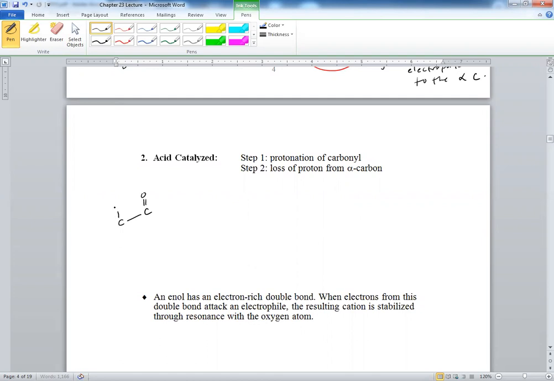So we need to draw out the H's. If we have an acid catalyzed, we're going to use an acid, and that's involving the hydronium ion.